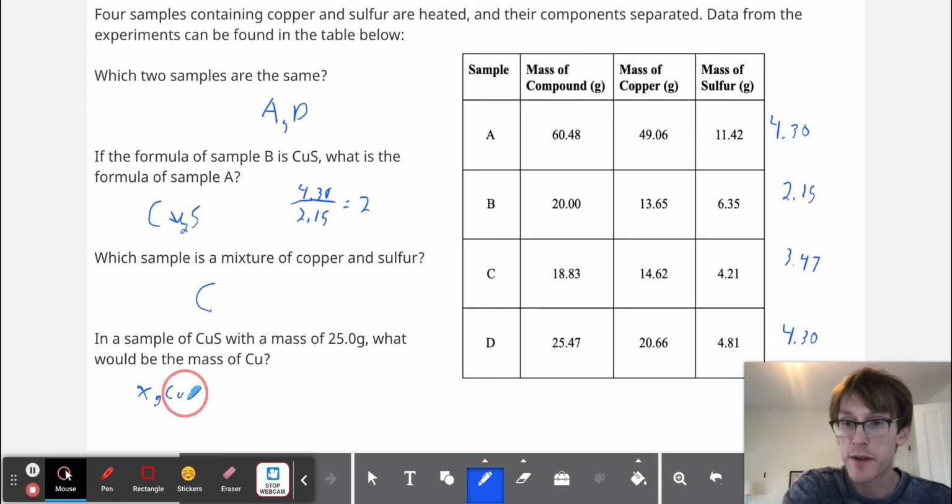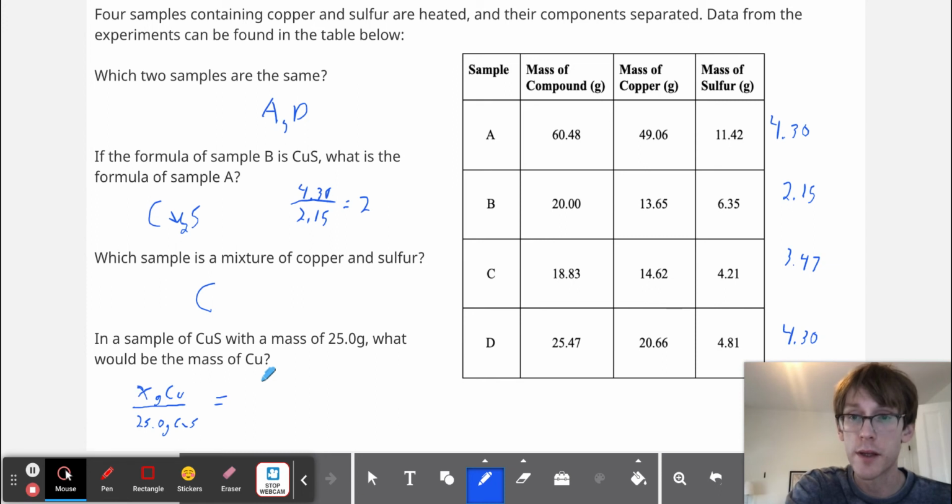Those X grams of Cu are in a 25.0 gram sample of CuS. And we're saying that that is equal to a known amount of copper in a known amount of copper sulfide, CuS.